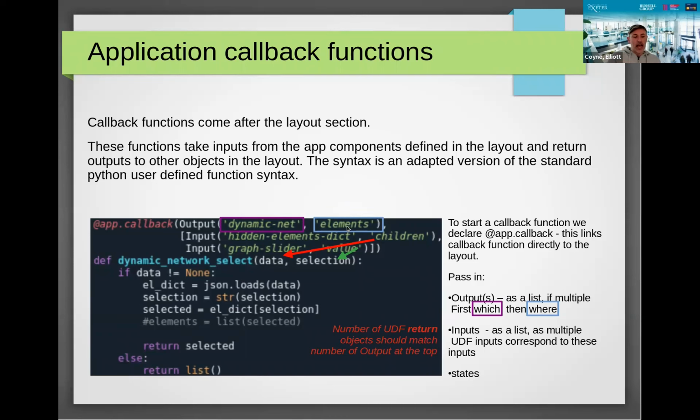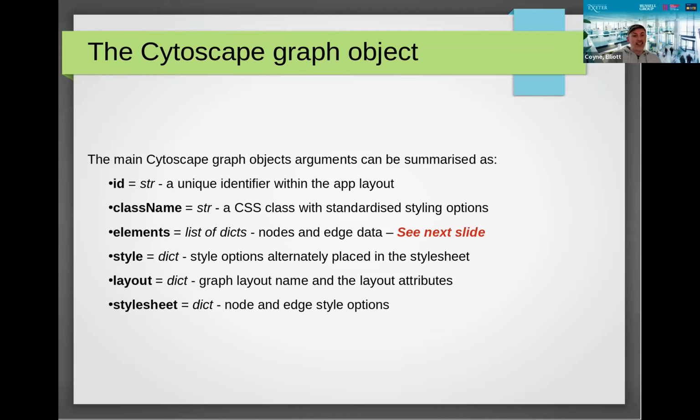And so when we think about the graph object, the main arguments that we see in it are an ID, and this is a string, and it must be a unique identifier for that part of the web layout, because if you call two parts the same, then obviously we don't know which one you're referring to. A class name, and that's a string, and this is a CSS class for standardized styling options.